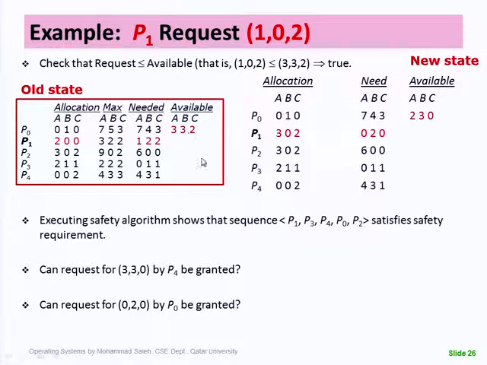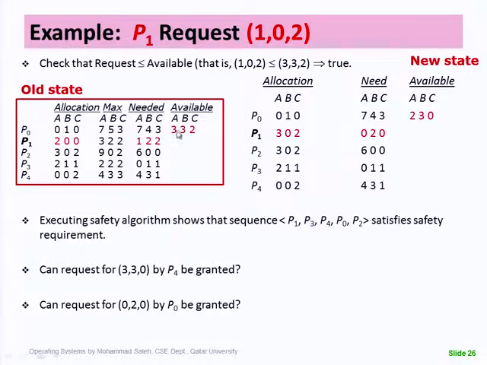Now the third test. To check the third test, we need to formulate a new state. To formulate a new state, we will assume that the request is granted. And assuming so means the available will be decremented by the request, because we will have fewer resources if we are granting the request by the process, right?